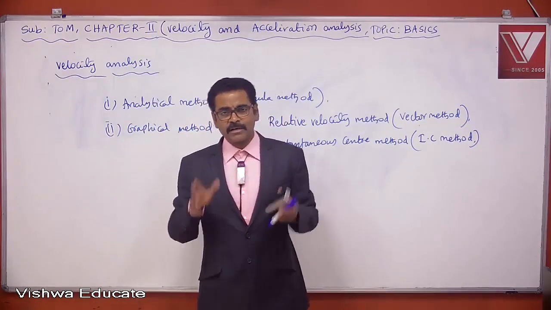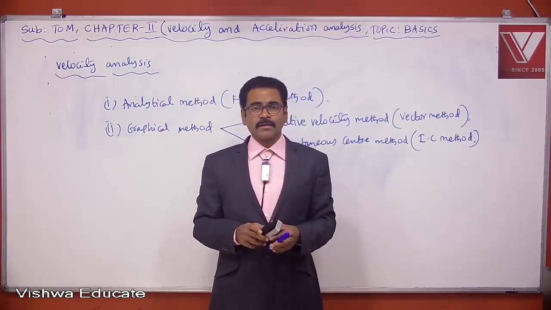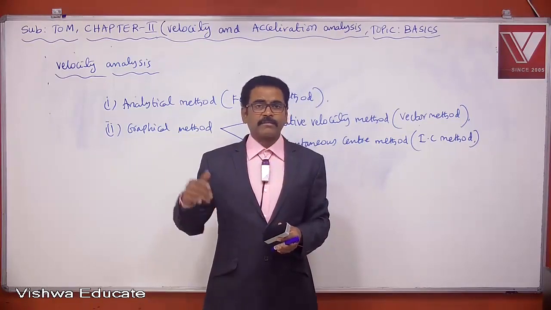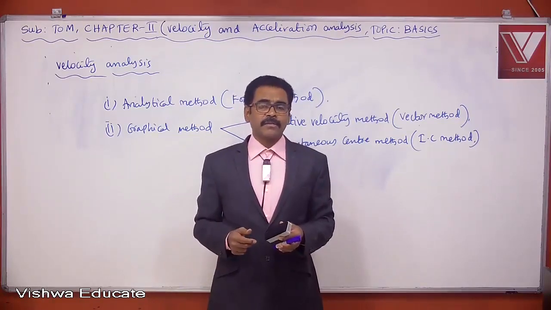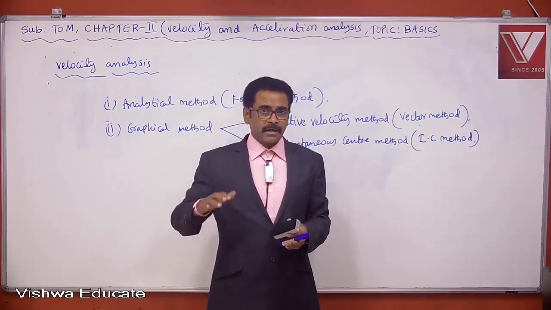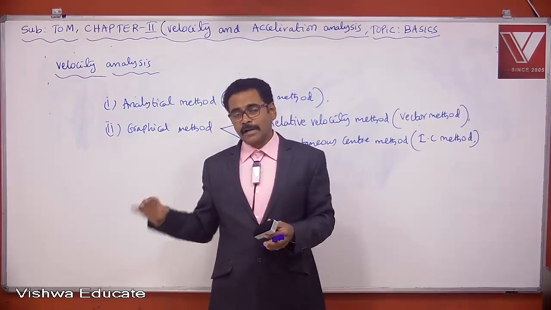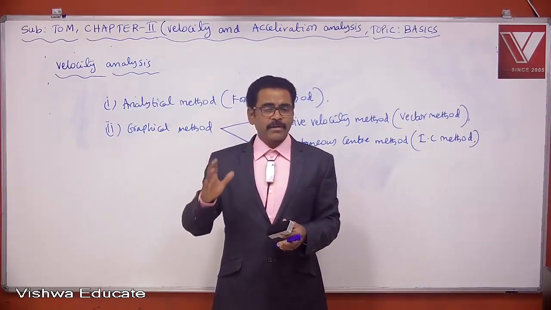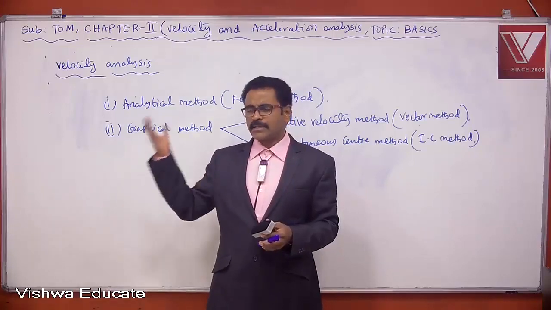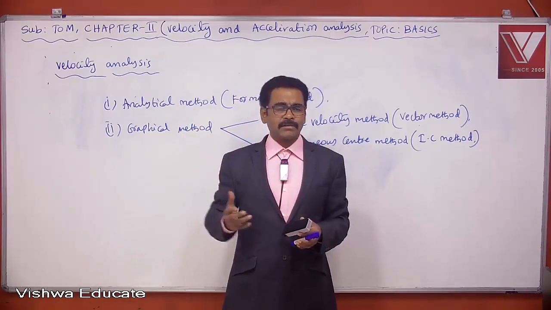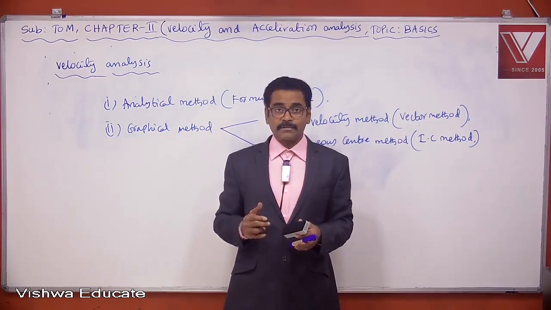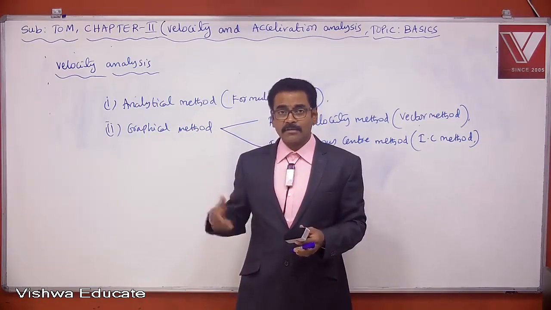For example, single slider crank mechanism, right? One formula will be there for velocity of piston, another formula for velocity of connecting rod, another formula for velocity of crank, right? So formulae are available for various links. By using those formulae, you can find velocities of various links of the mechanism. So this is what analytical method means.